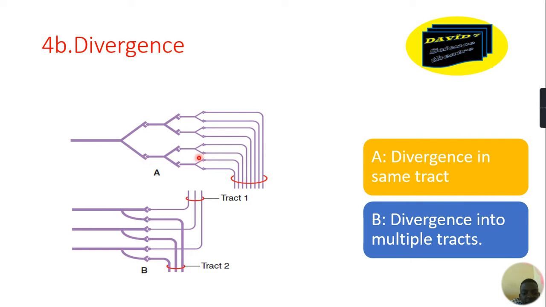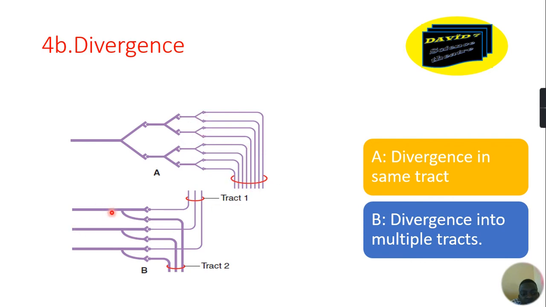And you can see in the same tract, we are having divergence, but in the same tract, as you can see here. But here we have divergence into multiple tracts. It was a single presynaptic neuron which diverged and still formed a single tract.